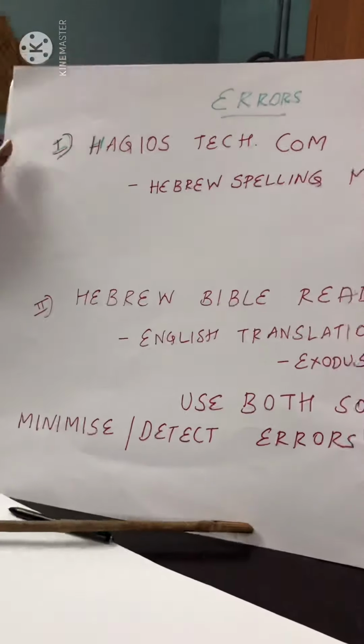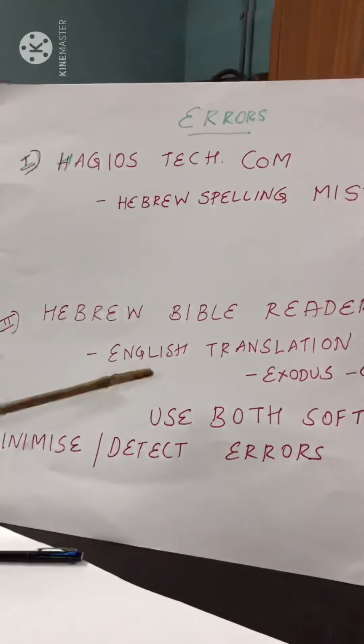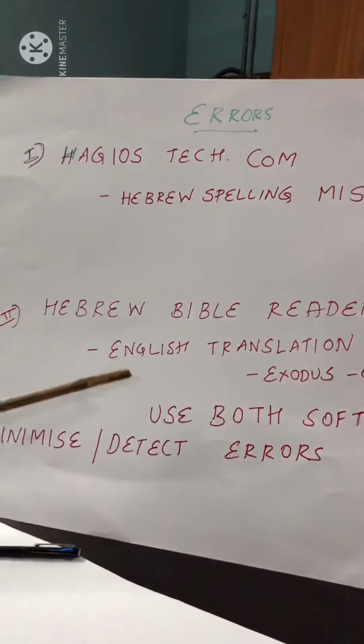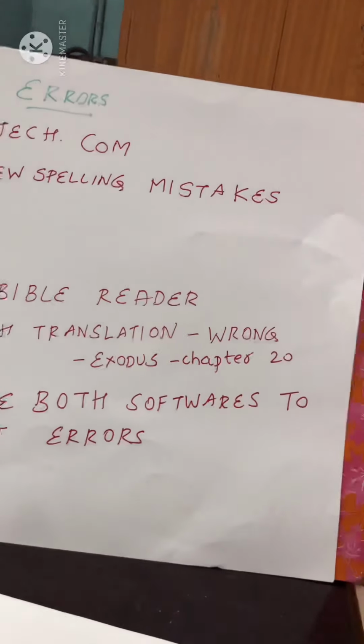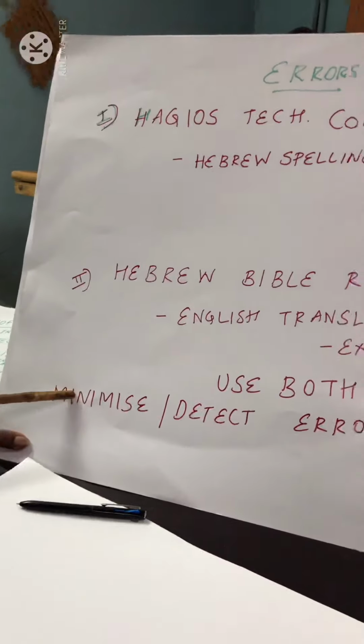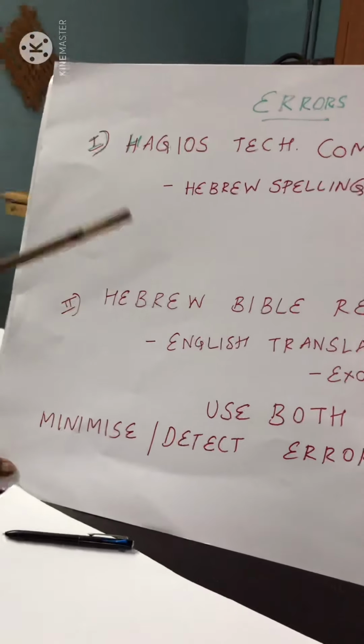What I suggest is you use both softwares simultaneously and compare. When you use both softwares, you can detect the errors and minimize the errors. I repeat, both the softwares have some mistakes. The Hagios has some Hebrew spelling mistakes and even some English translation errors.